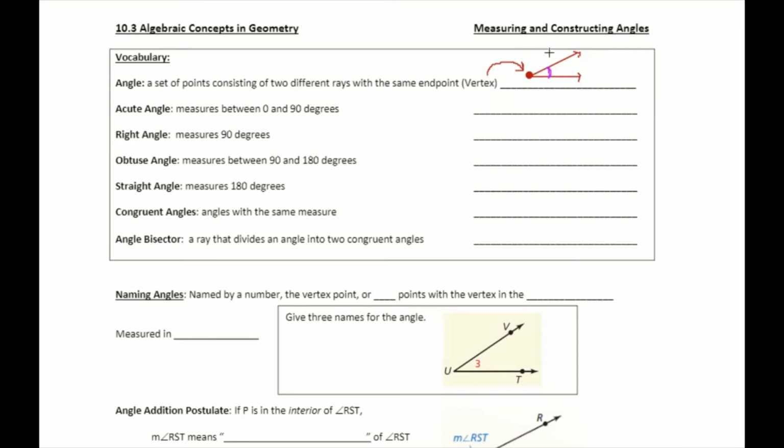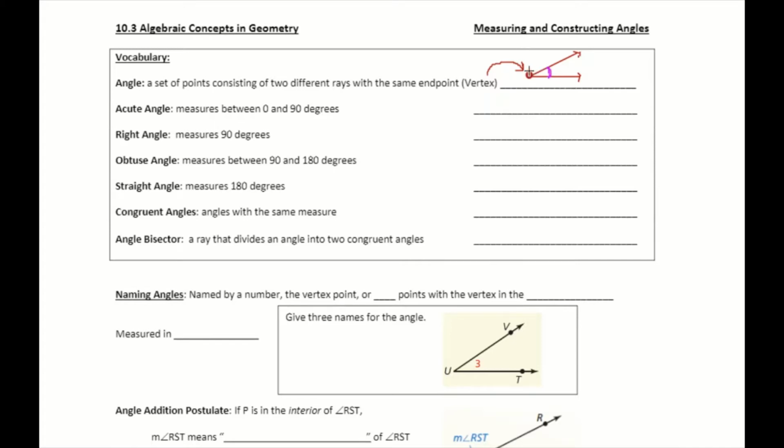And the more rotation you have, the larger the measure of the angle is. So, for instance, if it's completely closed, if I don't rotate at all, then that would be 0 degrees. If I rotate all the way around and complete one full revolution, that would be 360 degrees.